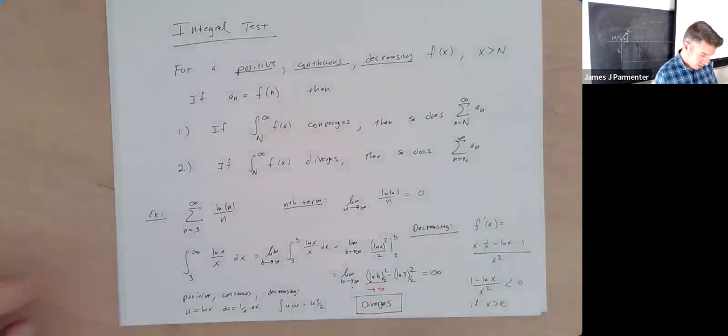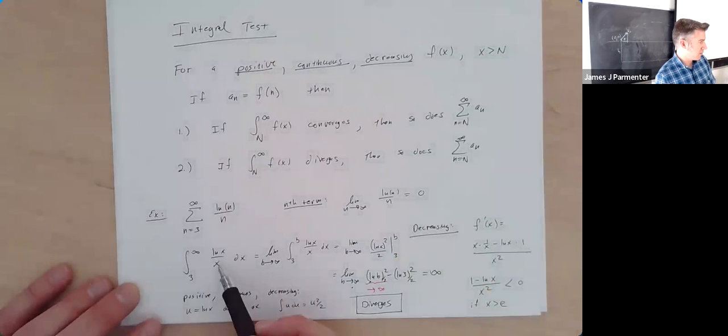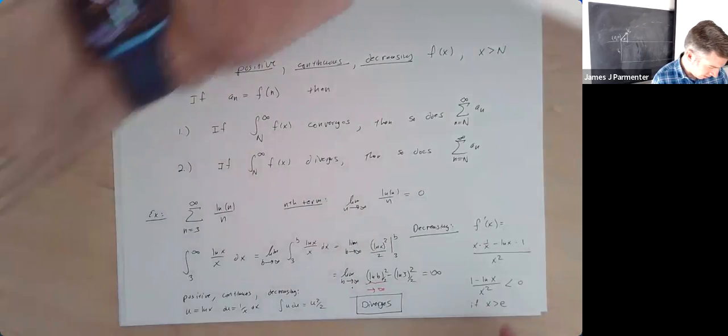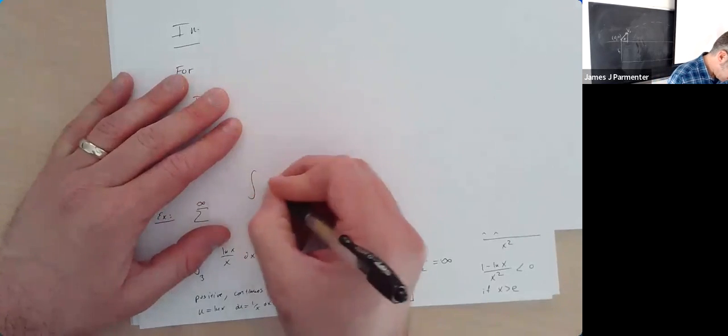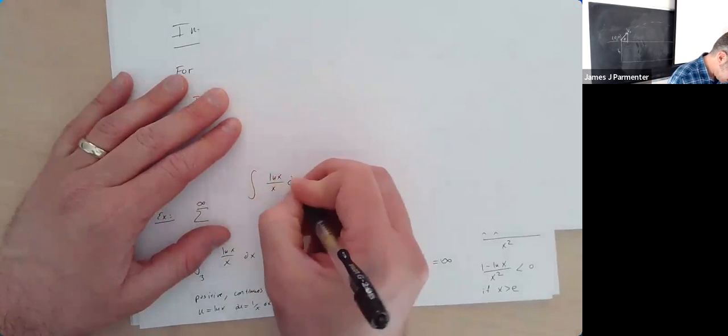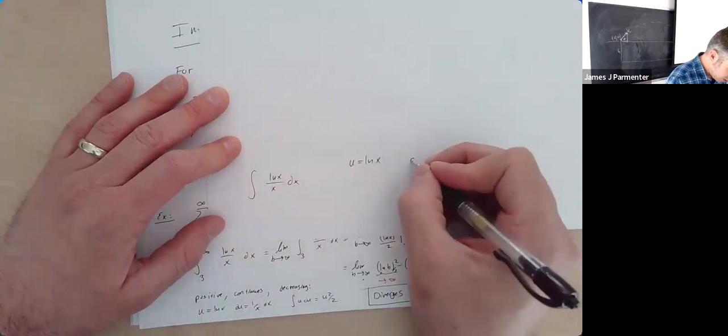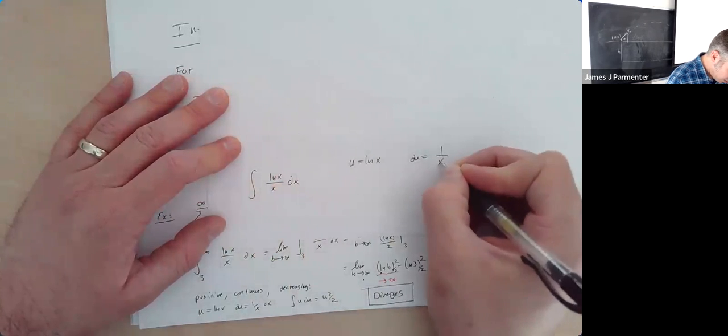So the u sub, when I saw the integral of natural log of x over x, I knew to let u equal natural log of x because its derivative is also in there. So the derivative of natural log of x is 1 over x. So when I was doing the integral of the natural log of x over x, I thought, oh yeah, u equal to natural log of x seems reasonable because the derivative is 1 over x times dx.